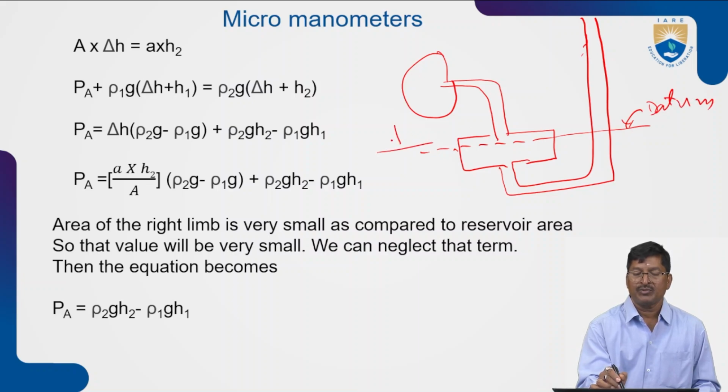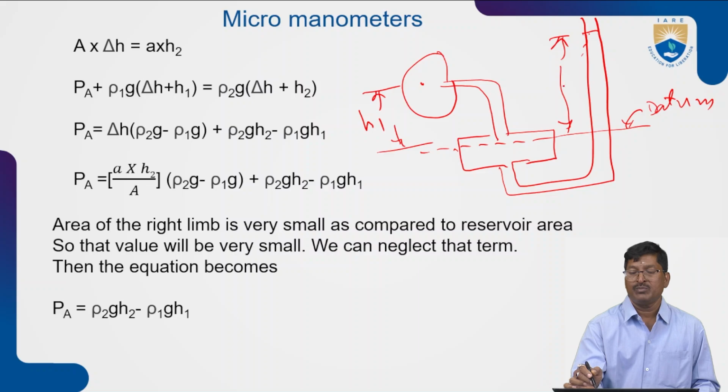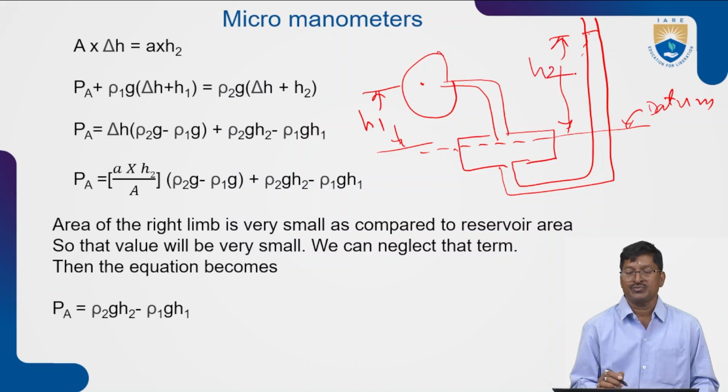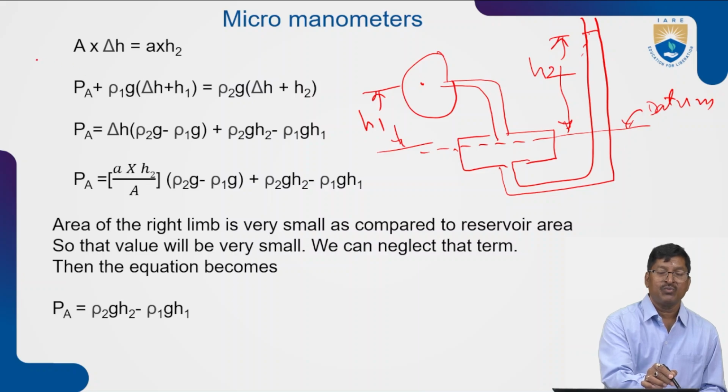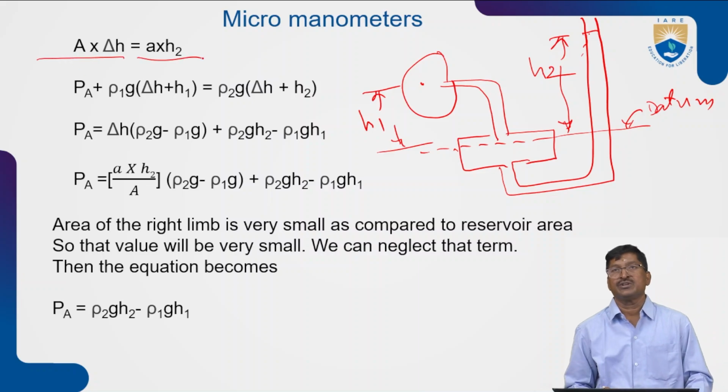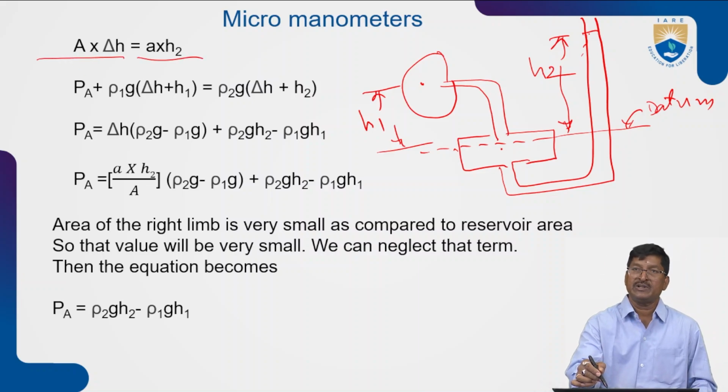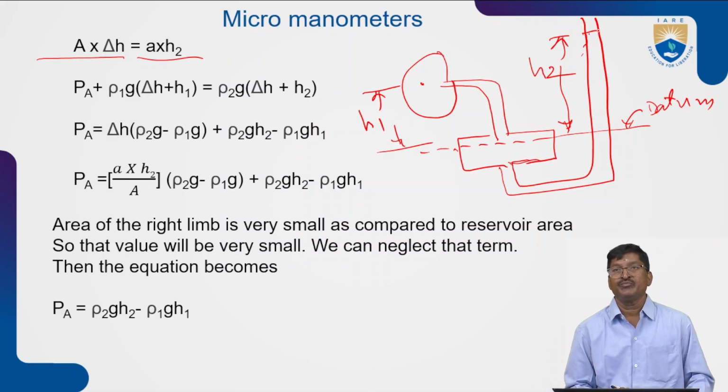From the datum, the height at point A is h1 and the height in the right limb is h2. Here one thing is there, the volume is similar. Whatever volume is displaced in the reservoir, the same volume will rise in the right limb.